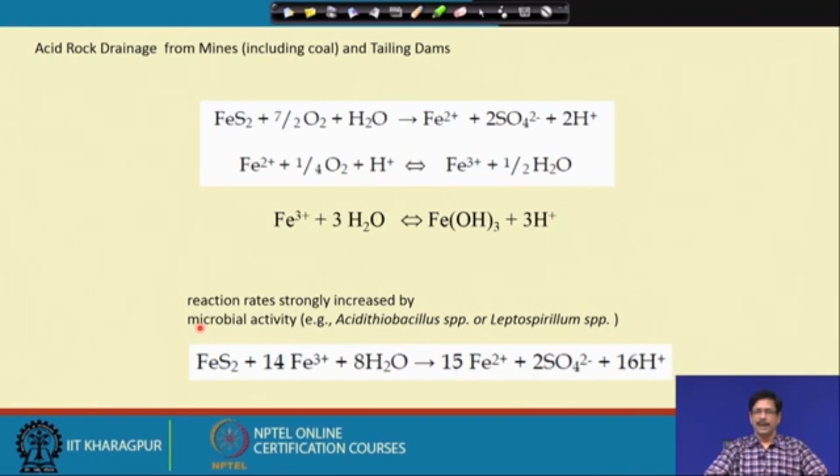The problem is that, in addition to the fact that such acidic water, when discharged to the surrounding water bodies, stagnant or flowing, will affect the biota and the ecology of the area, when the water becomes very low in pH, its capacity to dissolve metals becomes high, as we all know.